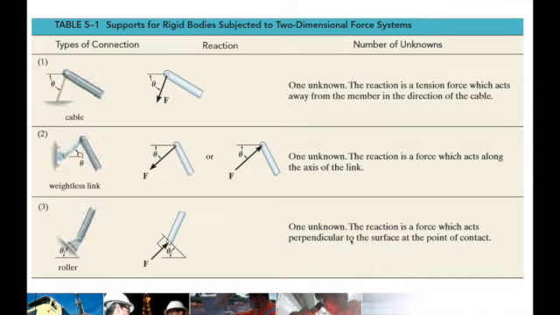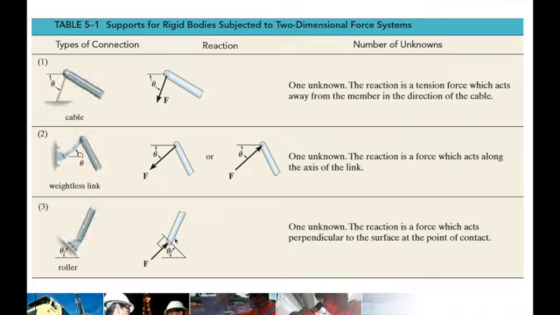So it's a normal force, perpendicular to the surface of the point of contact. So let's try to apply our general rules here. Look at the roller. Why is there no reaction perpendicular to the roller, to the reaction or the normal force?